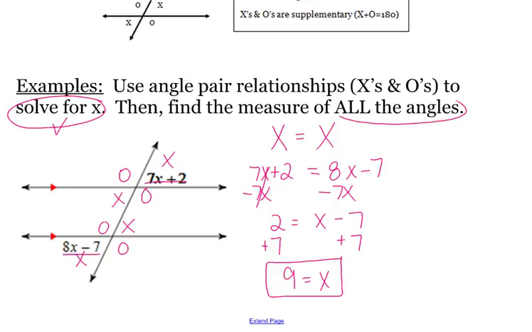Now I gotta find my angle measurements. So just plug that x value into any of our options. I'll plug into this one. So 8 times 9 minus 7 ends up giving us 65 degrees. So all of my x's are 65 degrees.